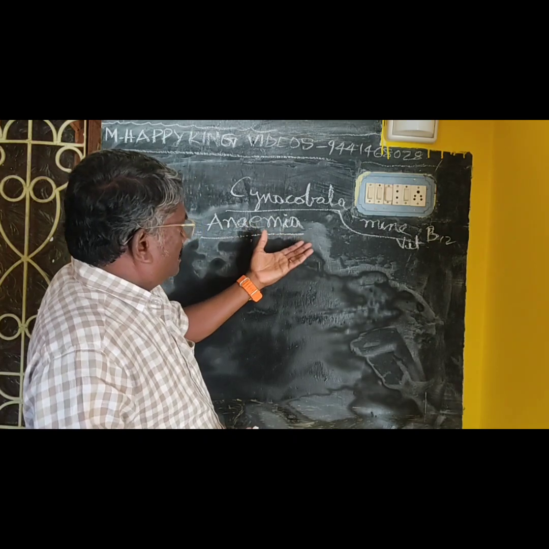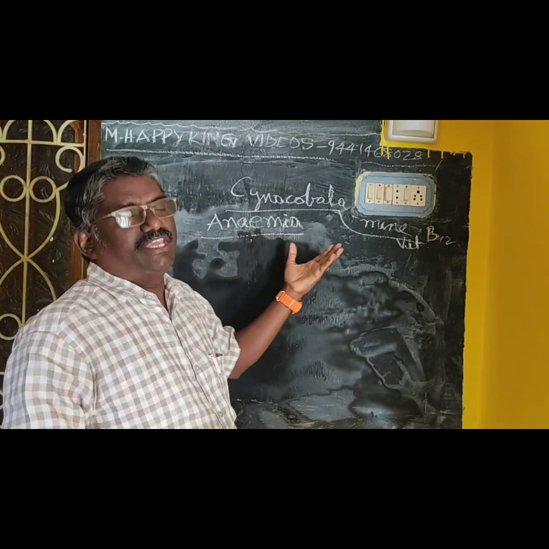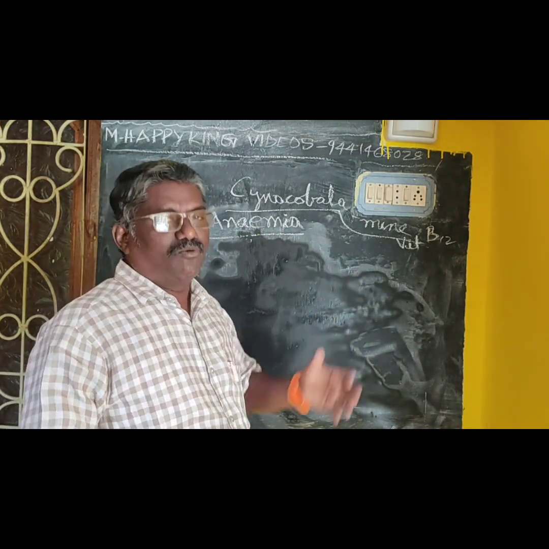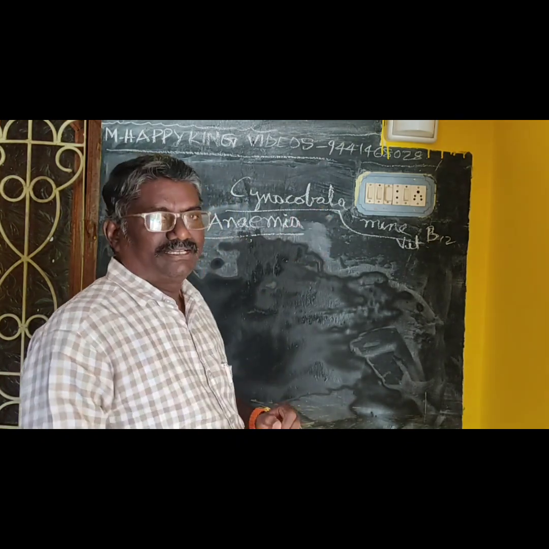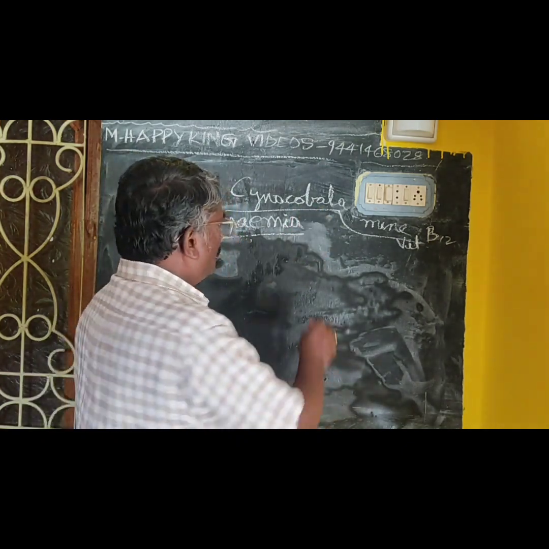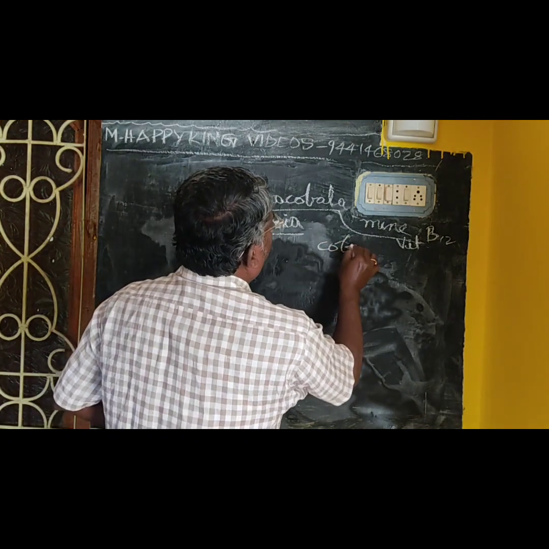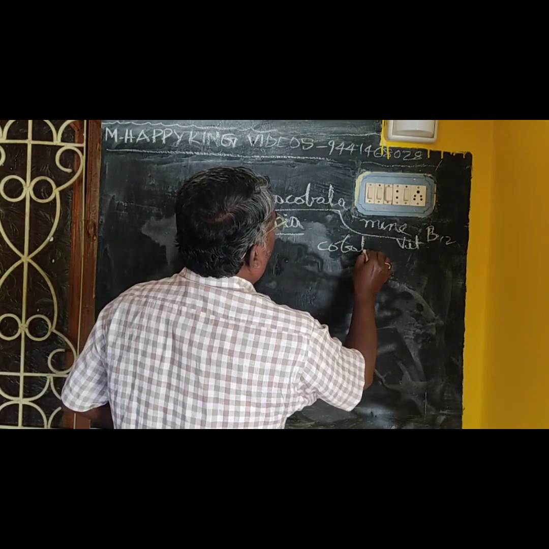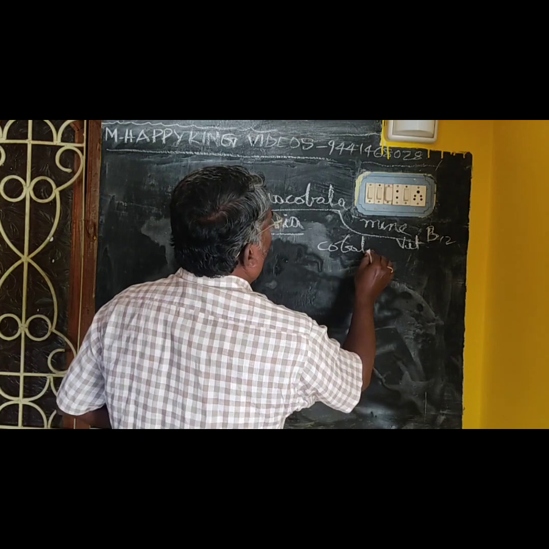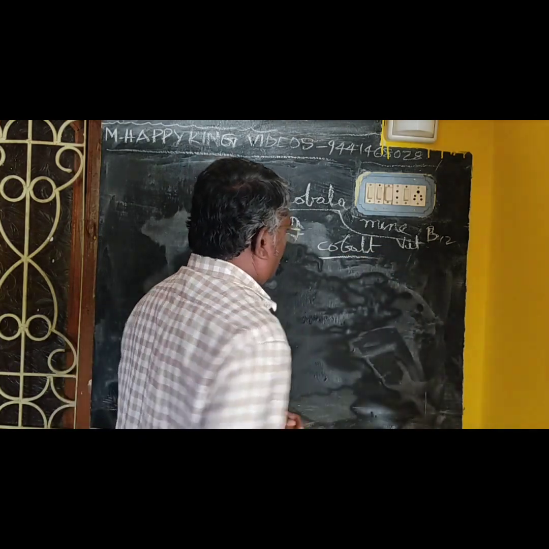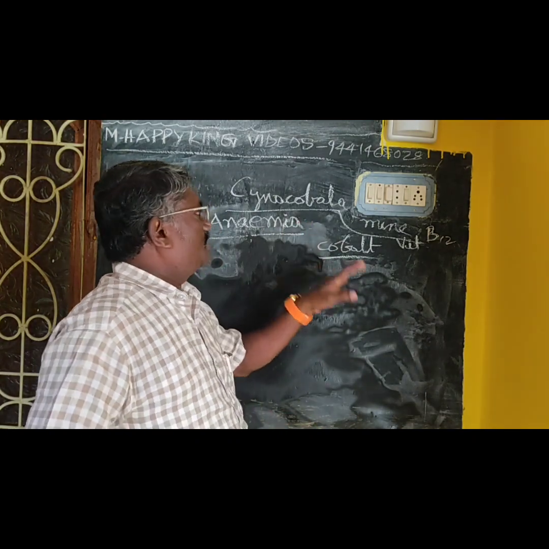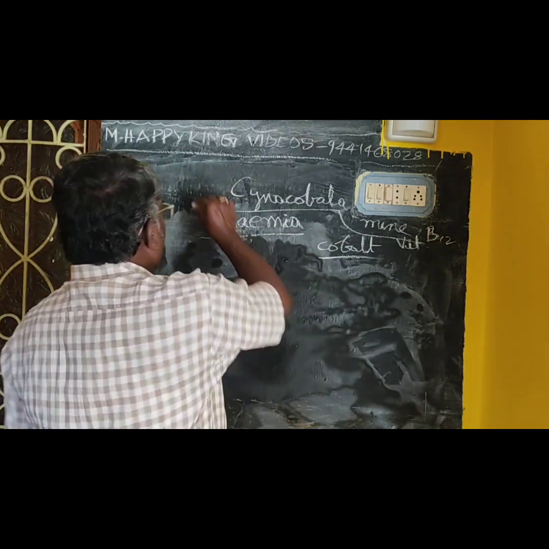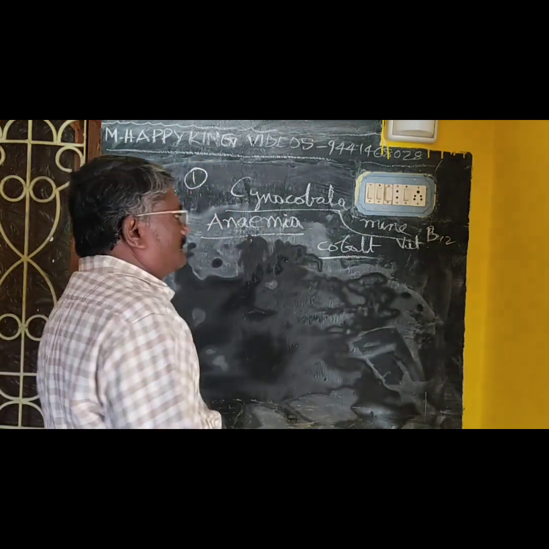To treat anemia, cyanocobalamin is used. Cobalt, the metal, is one of the parts in the structure of cyanocobalamin. So this is vitamin B12.